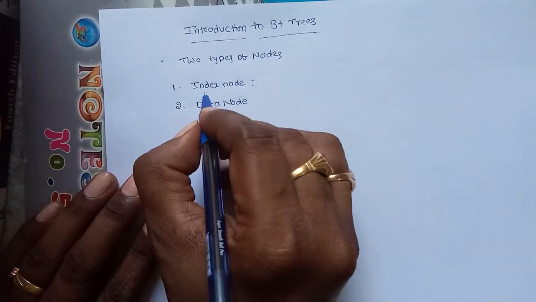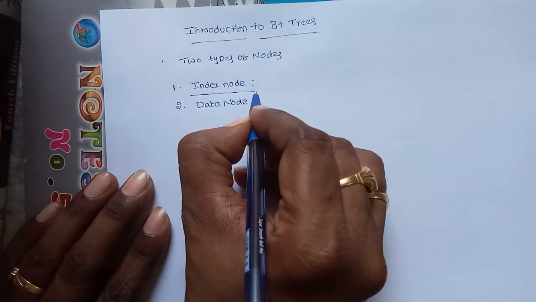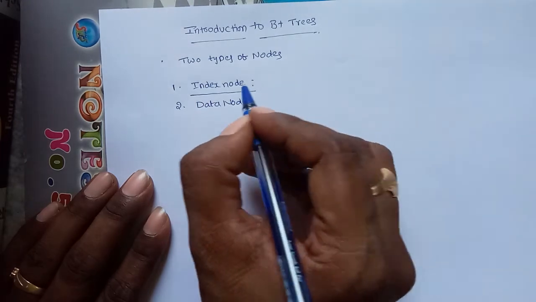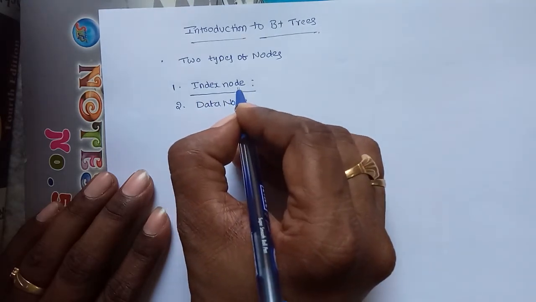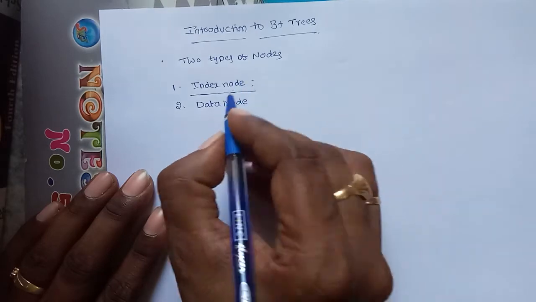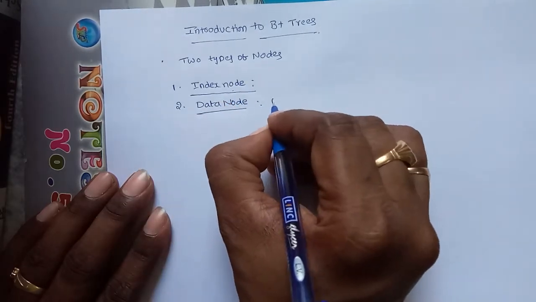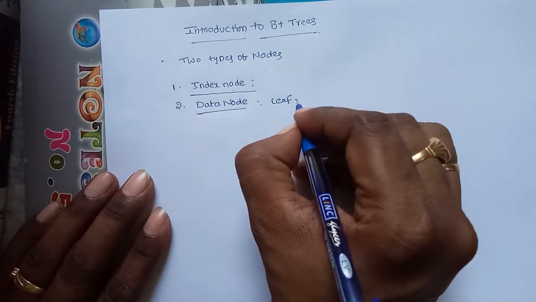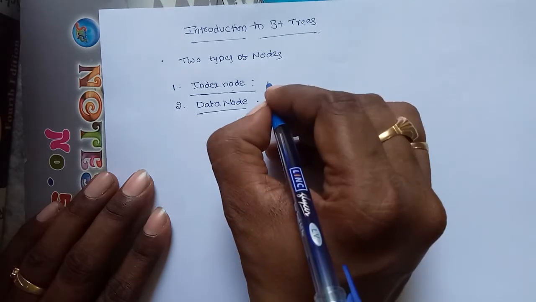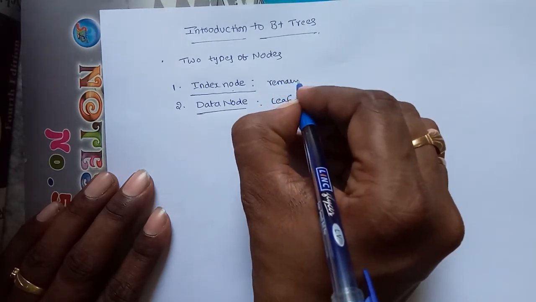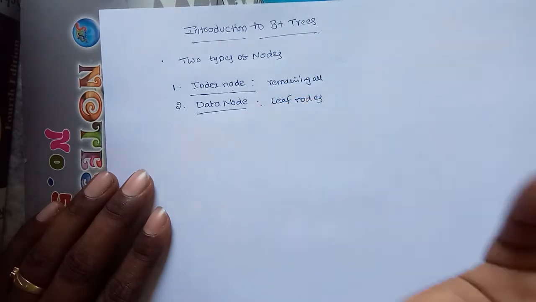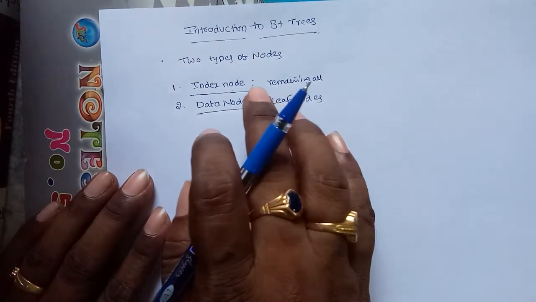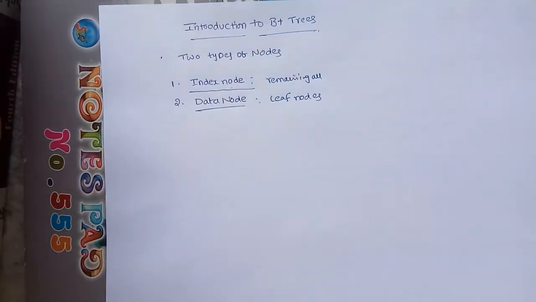In simple terms, all internal nodes including root node are called index nodes. All leaf nodes are called data nodes. Remaining all nodes except leaf nodes are called index nodes.